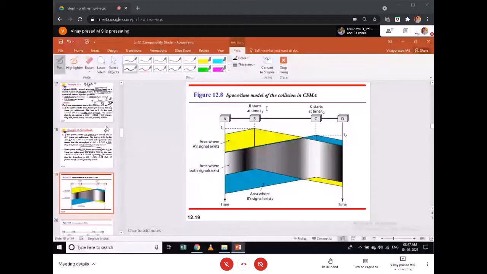Not effective means the retransmission of the frames would be high, and the efficiency of your network suffers, because as you keep sending and the frames collide, you are again retransmitting the same frames, and it may degrade your network performance, right?